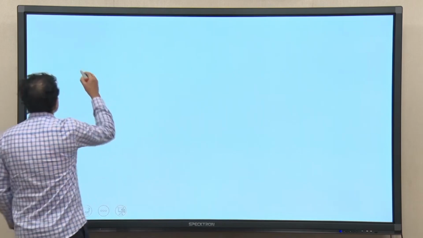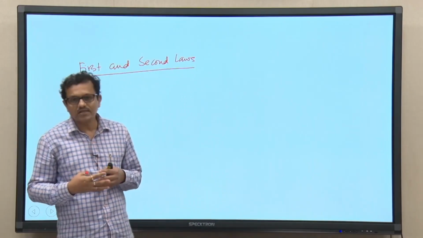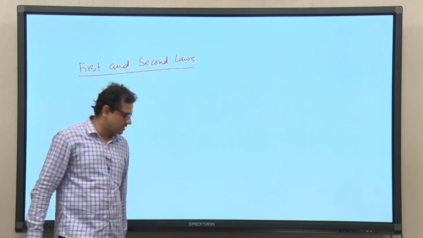So, let us write here. If we try to combine these two laws, we first should know whether we are going to combine these two laws for a closed system or for an open system.